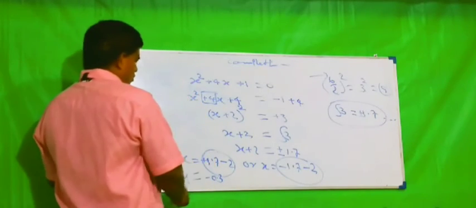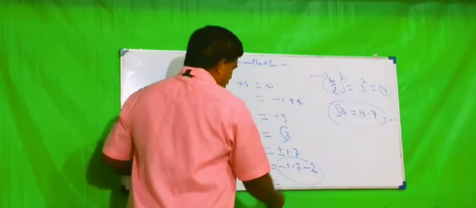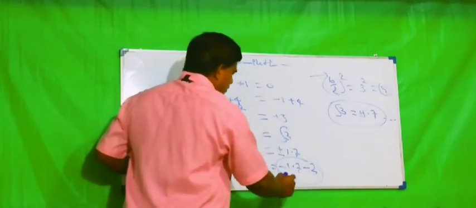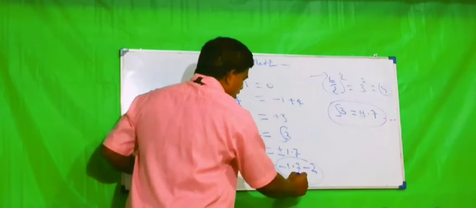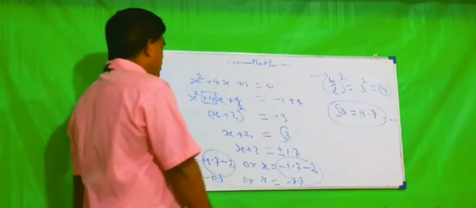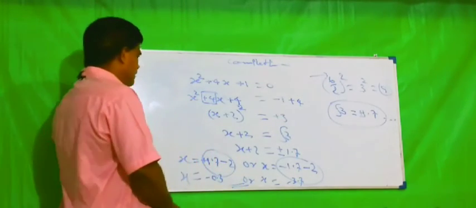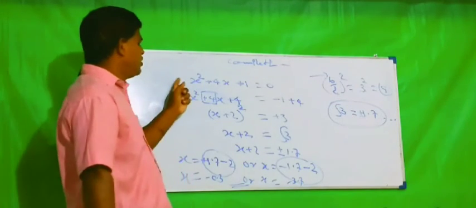The other solution, both are negative, so they are added negatively, minus 3.7. So these are the solutions of this equation.